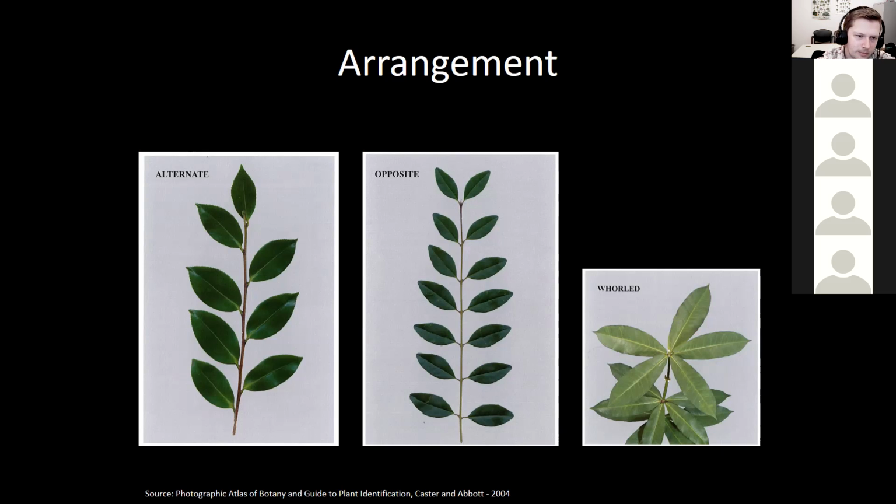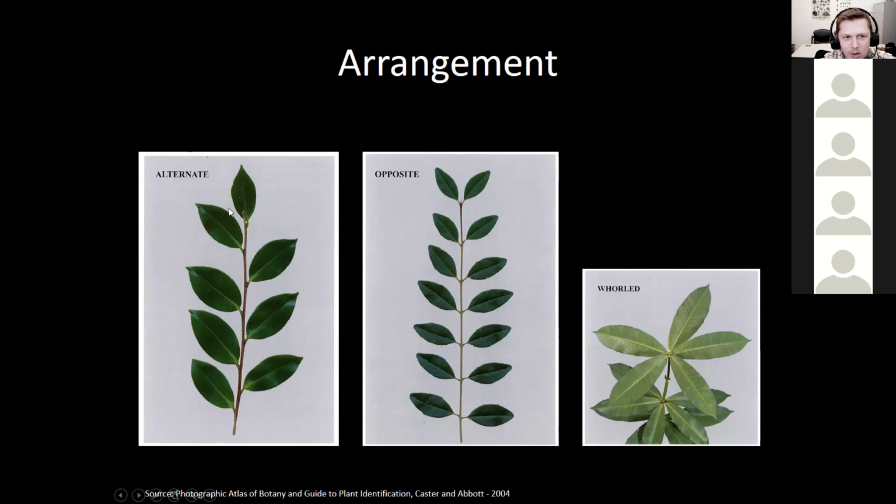But the other big thing that I want to point out here is the arrangement of leaves and how they're situated on a plant or on a twig or a branch or a stem. So you can see that this twig, this little branch, has alternating leaves on it. And then on this other plant right here, the leaves are positioned opposite to one another.